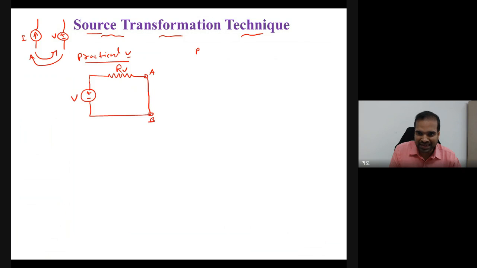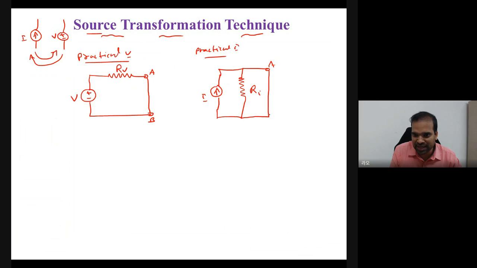Now the practical current source consists of an ideal current source, connected in parallel with the internal resistance Ri. Of course, we will have a load, and the load is connected between the A and B terminals. So this is the practical voltage source and this is the practical current source.